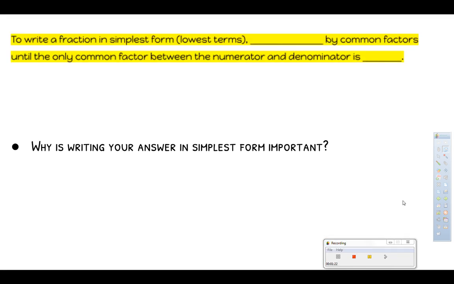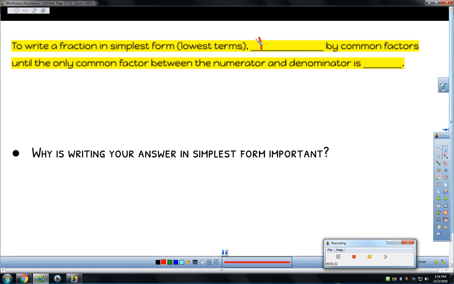So here we go. To write a fraction in simplest form, or lowest terms, we're going to divide by common factors until the only common factor between the numerator and the denominator is 1. On the back of your multiples sheet is a common factors list, and you can use that to help you simplify.